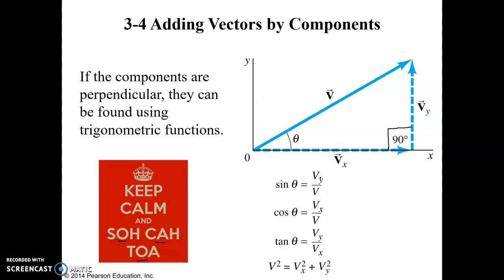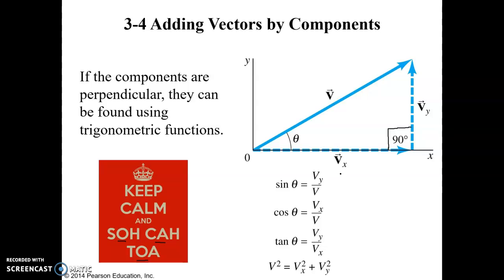So sine of theta is Vy over v. Cosine of theta, CAH, cosine is adjacent over hypotenuse, so that's Vx over v. And tangent, TOA, is opposite over adjacent, so that's Vy over Vx. Then we also have the Pythagorean theorem here. The hypotenuse v squared is equal to the x component squared plus the y component squared.